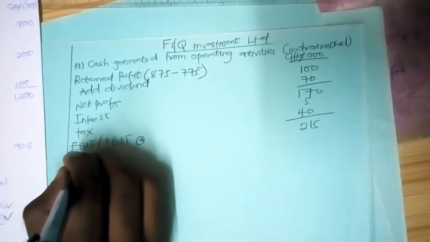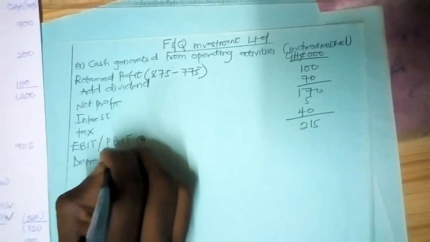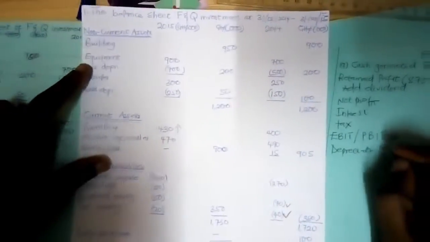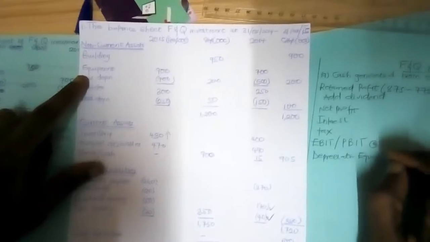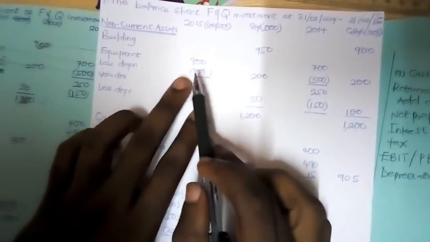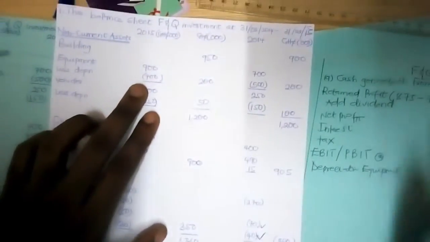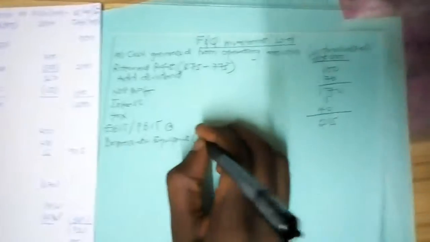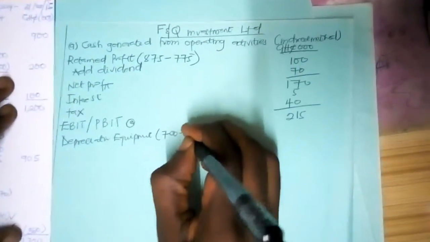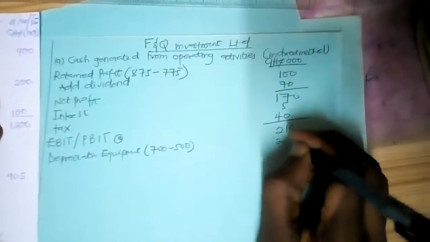So the next item we'll look at is depreciation. Now if you look at our balance sheet, he gave us two, that is equipment. So for the equipment, you go to the depreciation column, you see that the current year is 700 and the previous year was 500. So you subtract the previous year from the current year, which is 700 minus 500, which will give you 200.